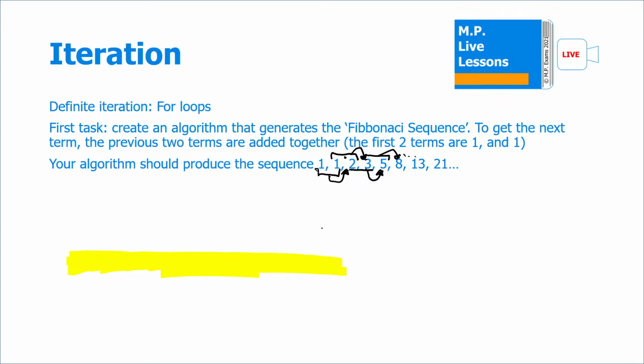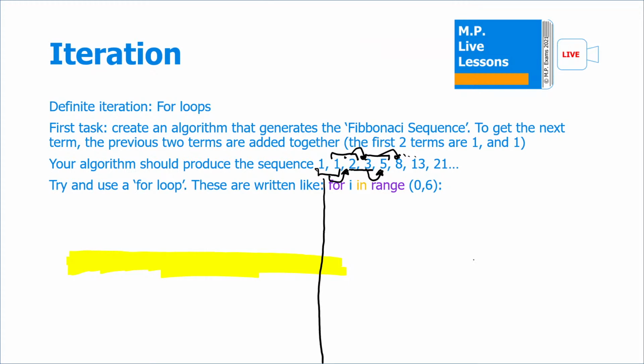So this is where we can use a for loop. These are written as for i in range. So we'll use this as a bit of a startup. So for means we go through a loop, and i is just a little variable here. And i will start at 0 and then go up one by one until it reaches 6.